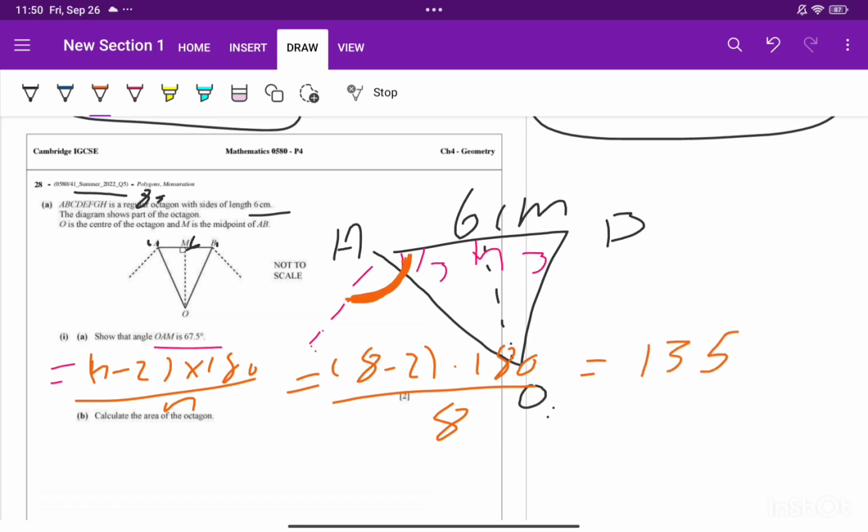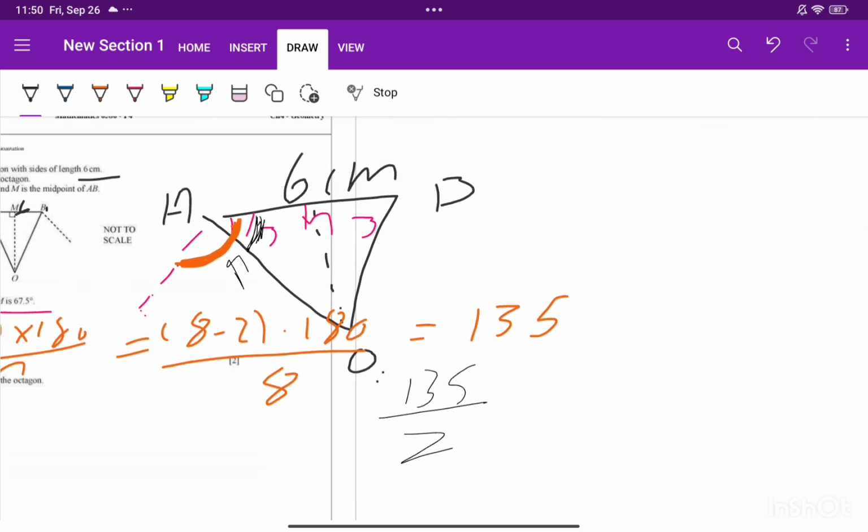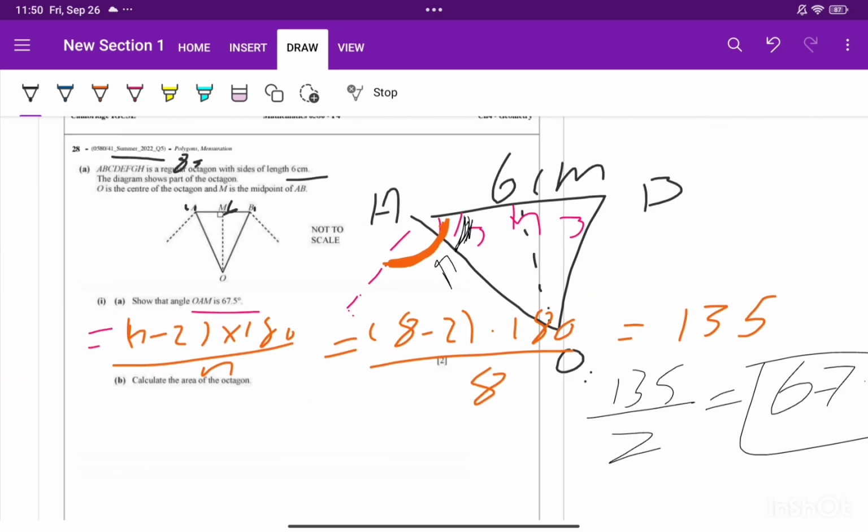But this 135 is the interior angle, and we need to find this angle OAB, which is half of the interior angle. So we will do 135 divided by 2, which gives us 67.5. So proved.